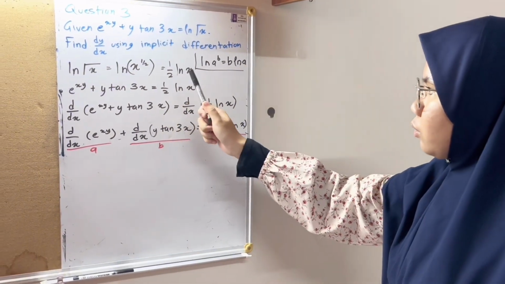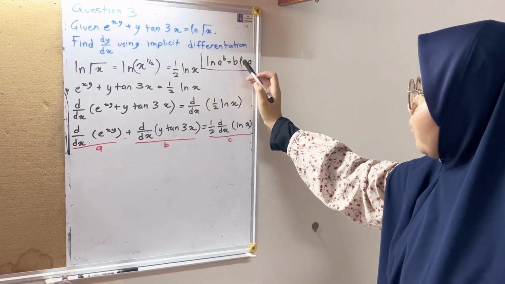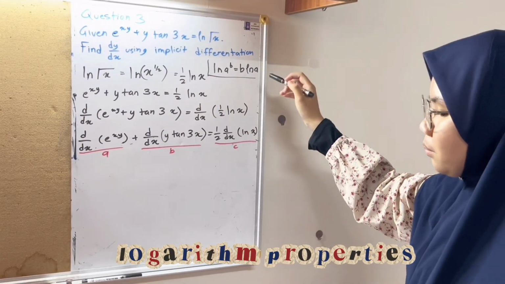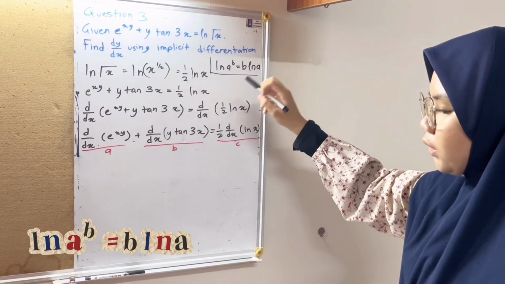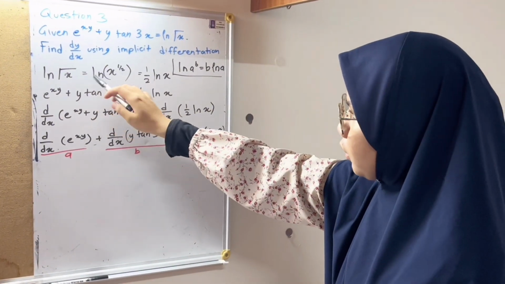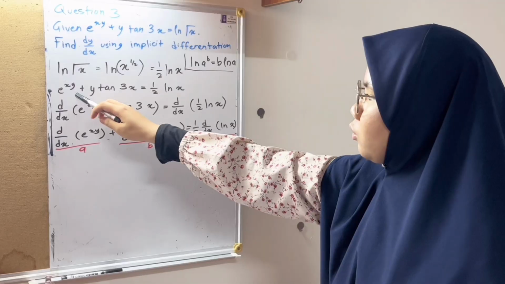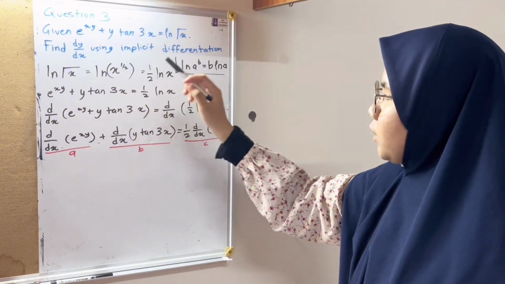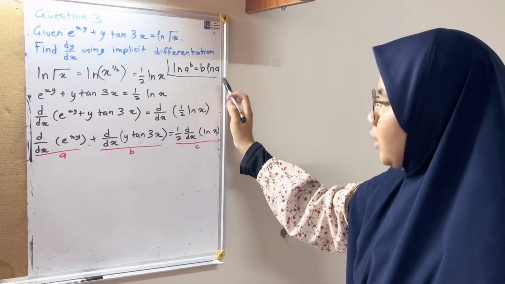The first step we need to do is rewrite this equation. Then we need to use the logarithm property, which is this formula, to simplify the right hand side. That means this equation will become e to the power of xy plus y times 3x equals half ln x.